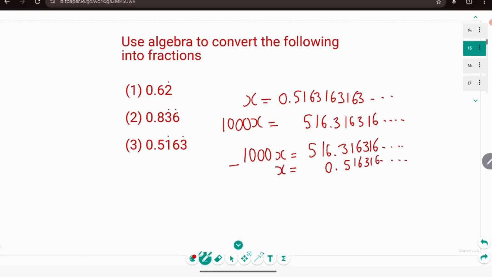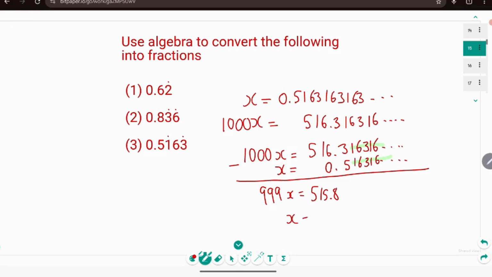If you subtract, these disappear. 516.3 minus 0.5 is 515.8.